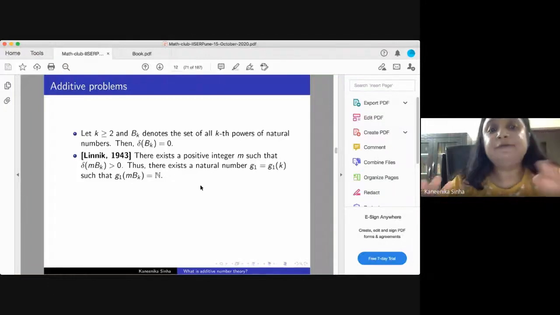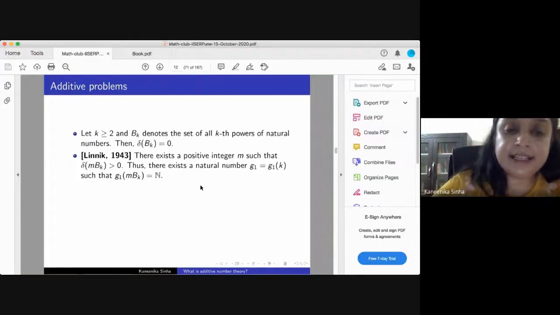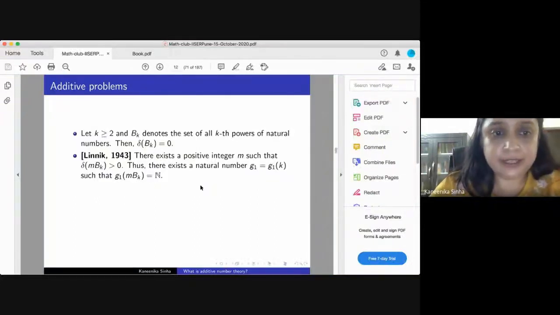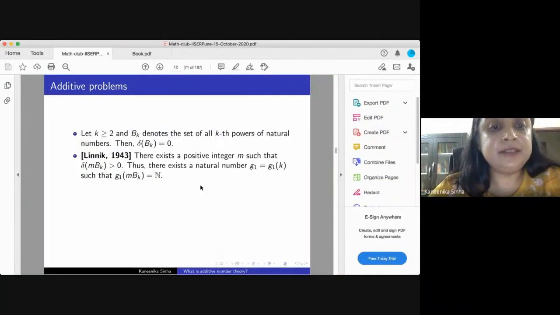And what Linnik showed in 1943, which is also another important theorem that we prove in a course in additive number theory, is that delta of B sub k may be 0, that's all right, but if you add B sub k to itself sufficiently many times, you will have a set with positive Schnirelmann density.